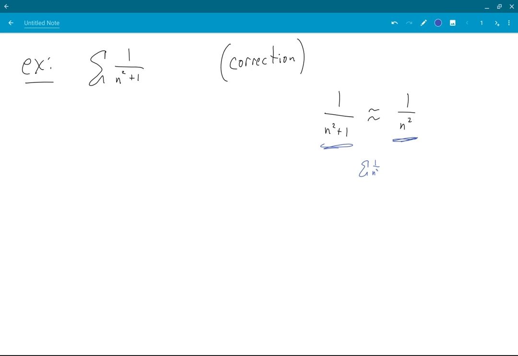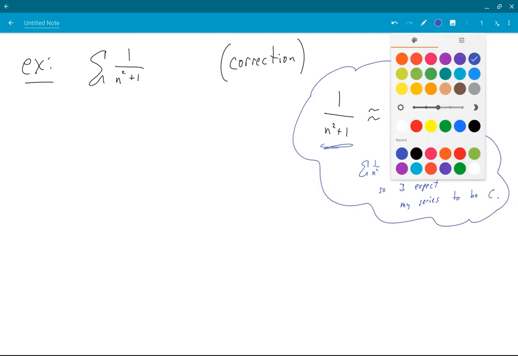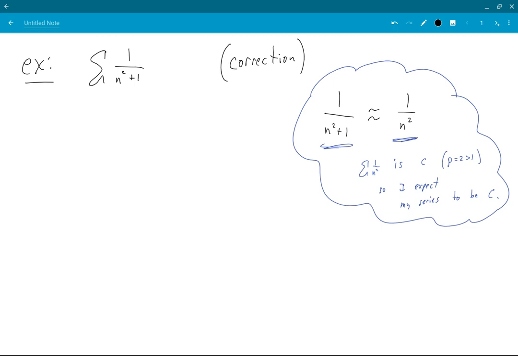And summation 1 over n squared is convergent because p is 2, and that's bigger than 1. So I expect my series to be convergent as well. Okay, so this is me deciding what to compare to.